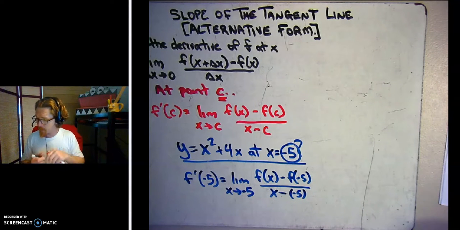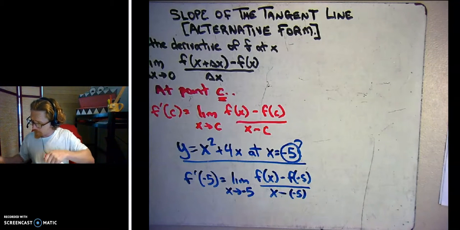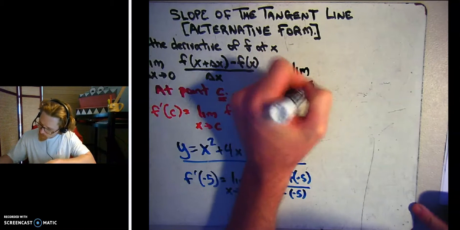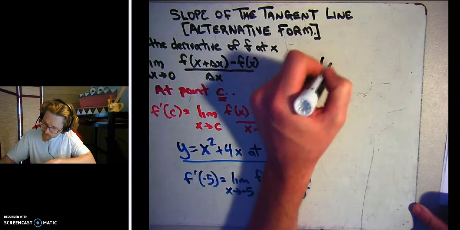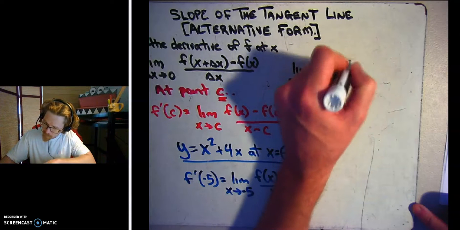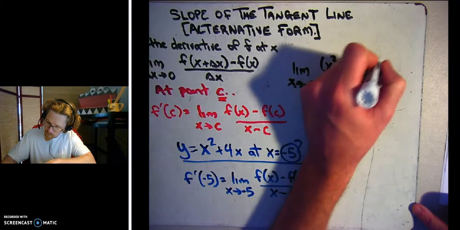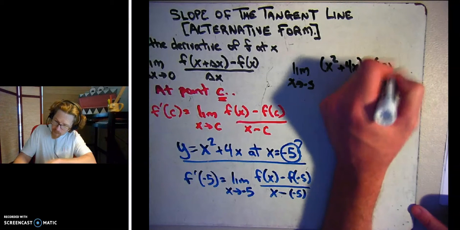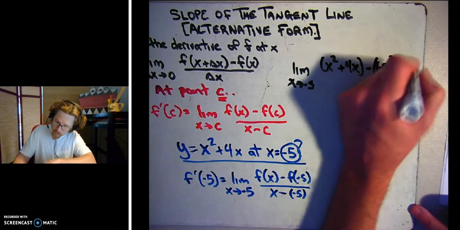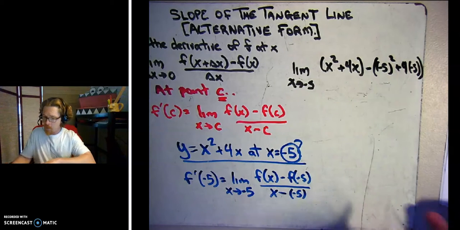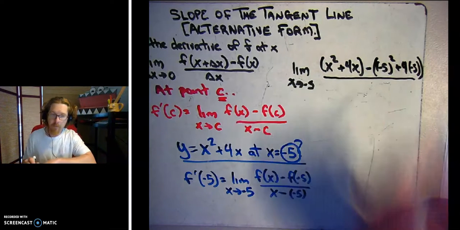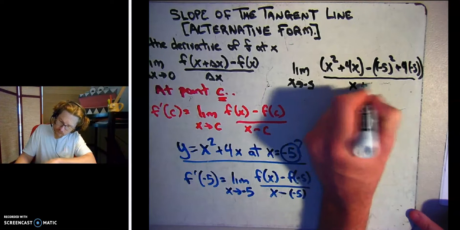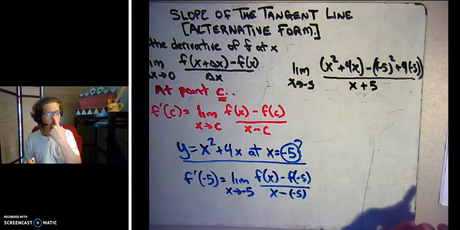So rewriting my numerator, the limit as x approaches negative 5 of f of x is x squared plus 4x minus, and then f of negative 5 is going to be negative 5 squared plus 4 times negative 5. So again, I'm substituting that value of negative 5 into my function, and then down at the bottom, I'm just going to do that add opposite technique and write plus 5.